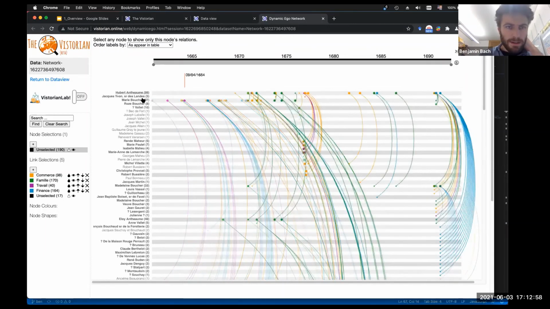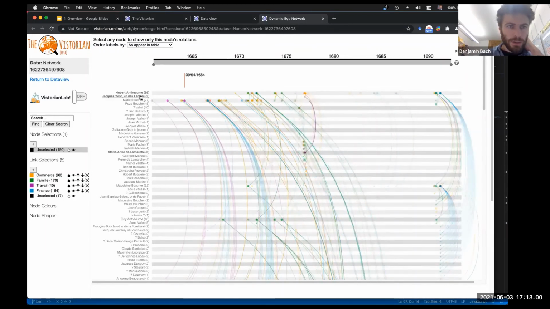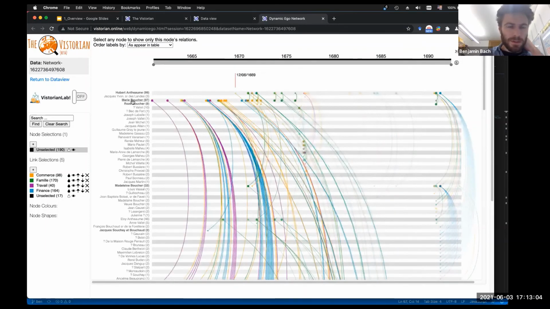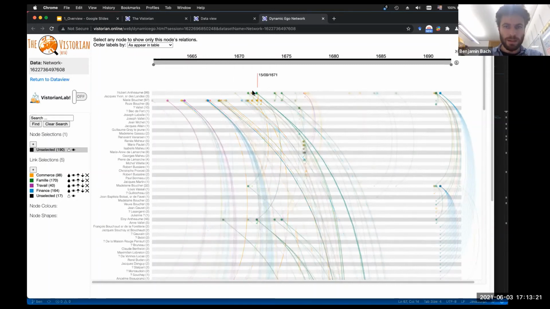I can see here Marie Boucher and Hubert Antome, our old friends. It's echoing what we have just seen in the node link representation, but from a different angle. We see Marie Boucher started right with the work and finance networks, and then she met Hubert Antome here in the 1670s. She has frequent letters with him, and so on and so on.